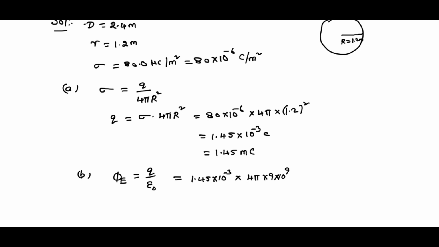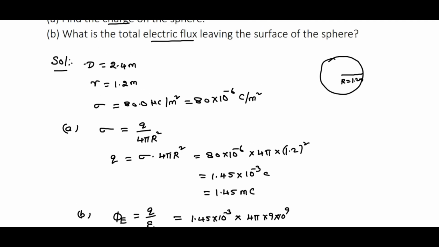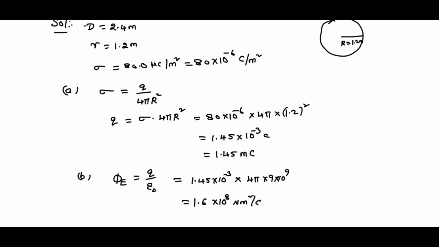After simplification, we will get 1.6 into 10 power 8 Newton meter square per coulomb. So this is the electric flux coming out from the Gaussian surface or leaving the surface of the sphere. So these are the solutions.